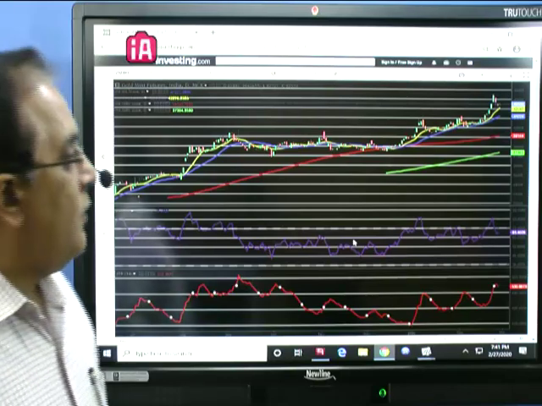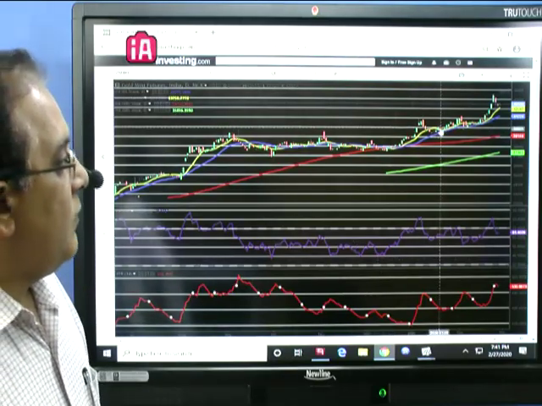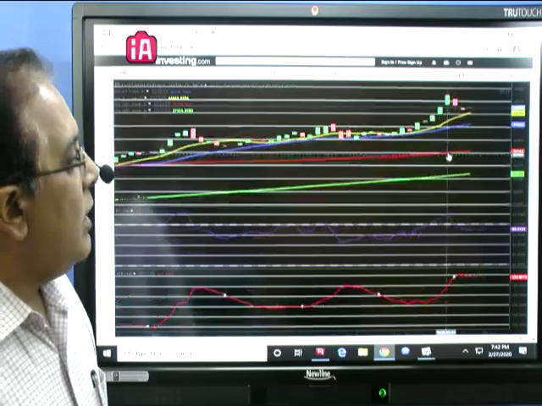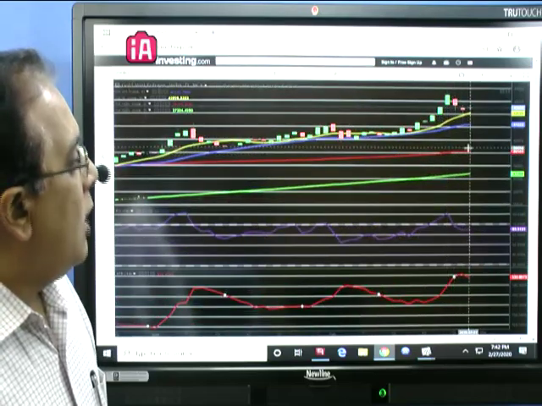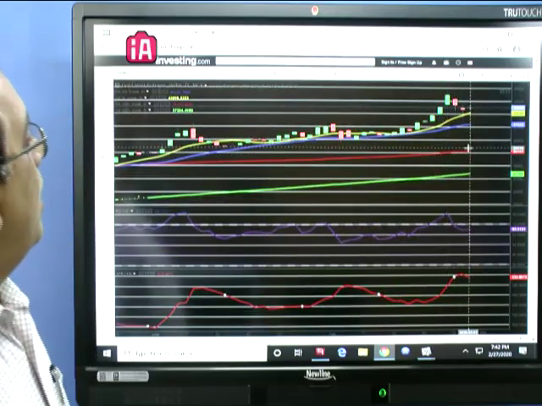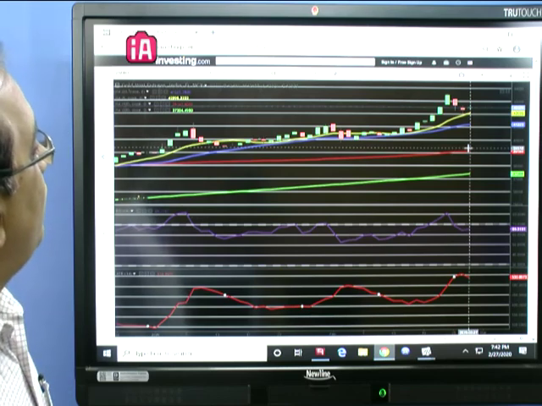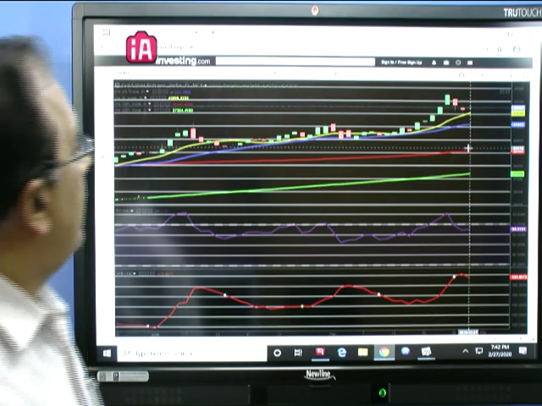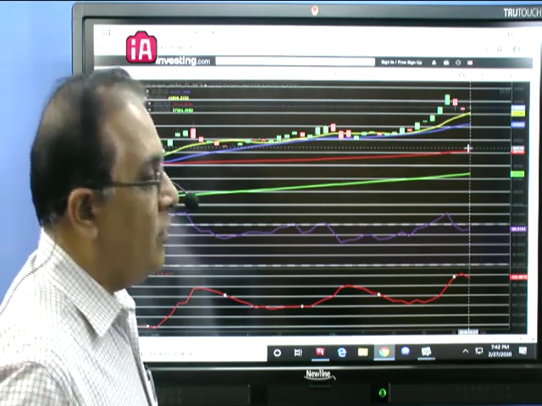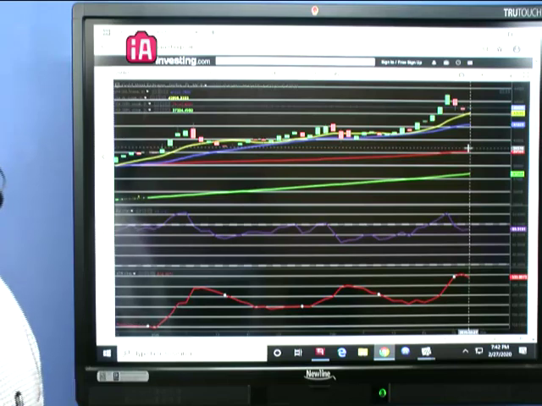So 540, 550 points can happen at any point of time, which means today the range is extremely low. We have only 42,320 and 40,655, something like 320, 330 points. The possibility of another 200 points on the upside is possible, or 200 points on the downside is possible.